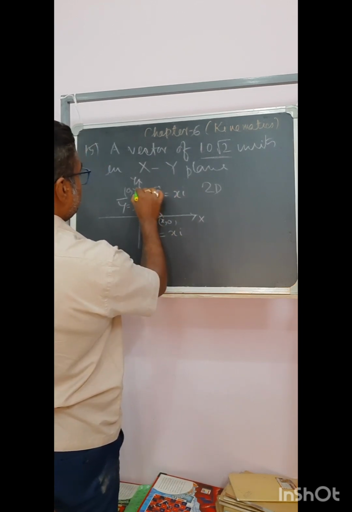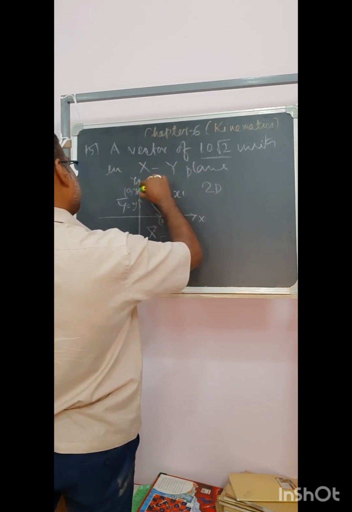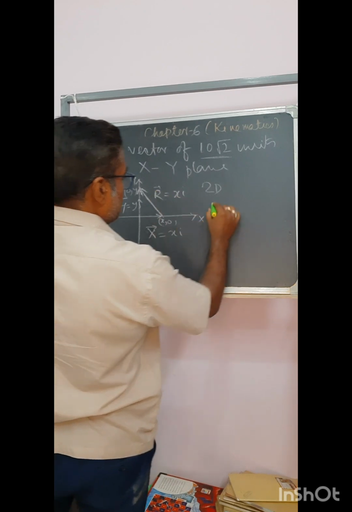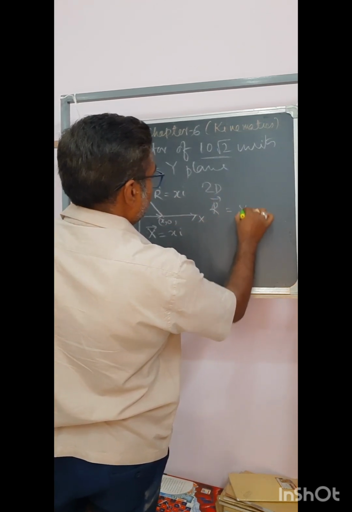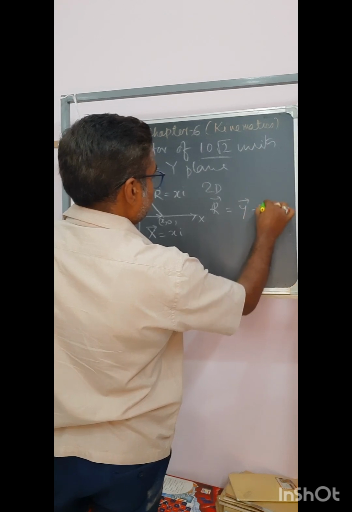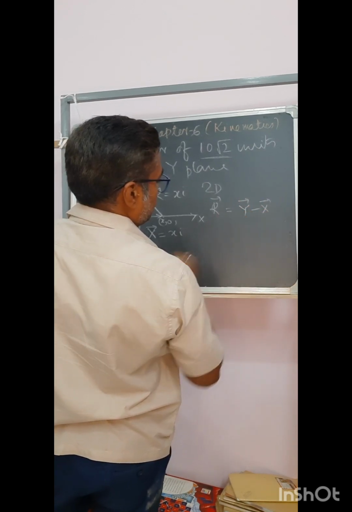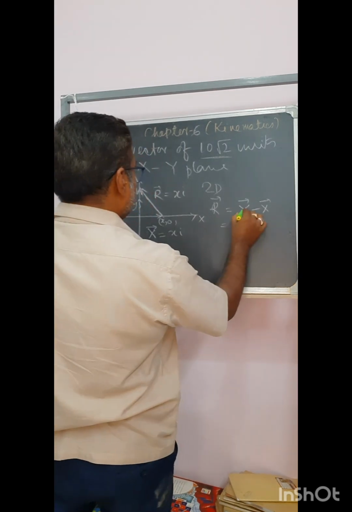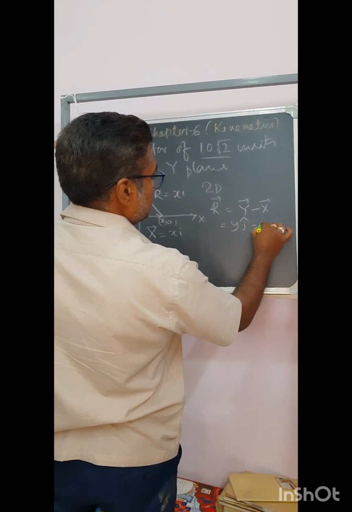If it is a position vector, it could be in any direction; I am taking this direction. So r is nothing but the y vector minus the x vector. This I am also representing as capital Y. So what is Y? It is yj minus xi.